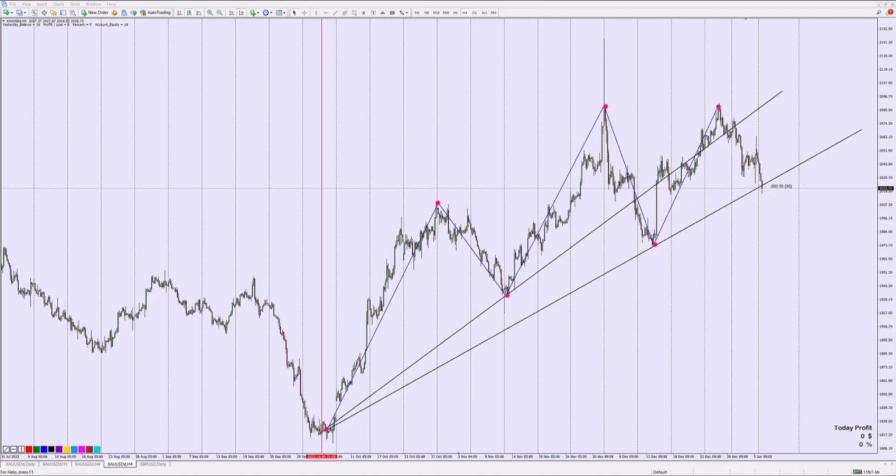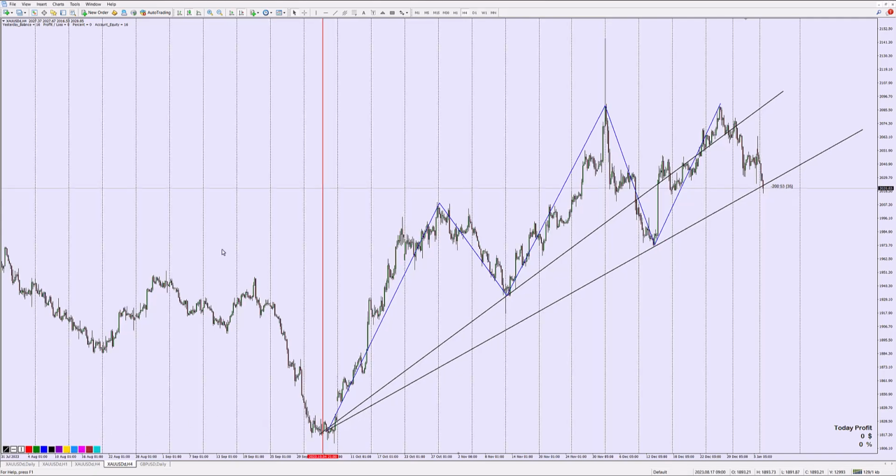Okay, the next thing we're going to do is draw some support and resistance lines, connecting some highs to the lows and some lows to the highs from the previous trend.